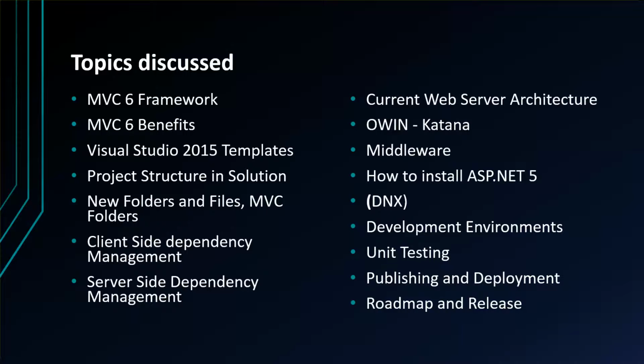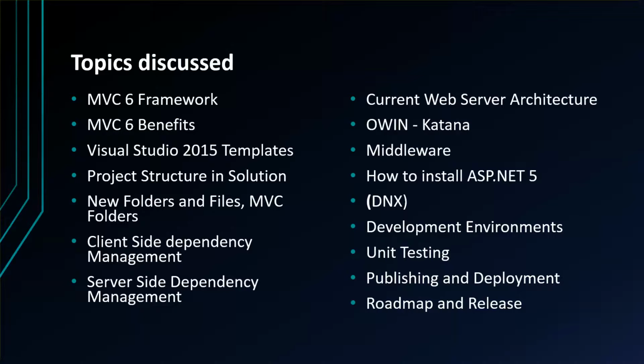And I also discussed what exactly middleware is, what the built-in middleware are, like non-functional ones such as authentication and caching, and functional middleware frameworks like MVC 6, Web API, Identity, SignalR.